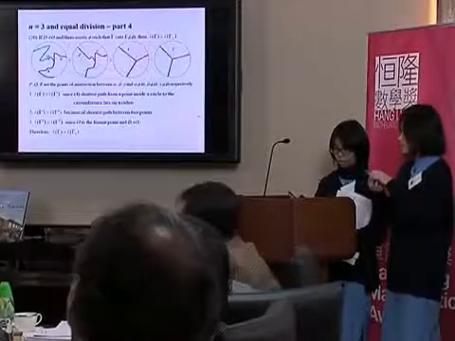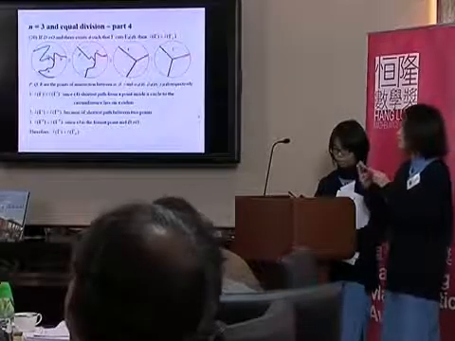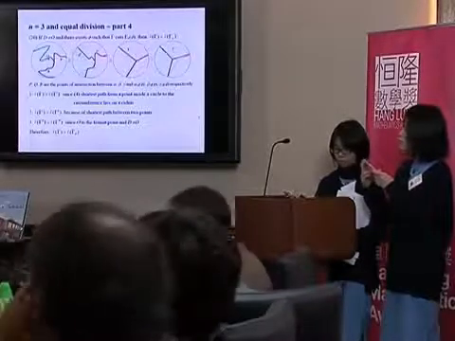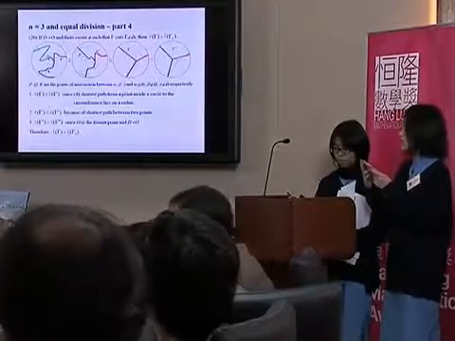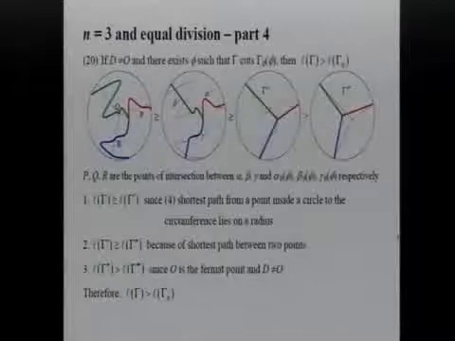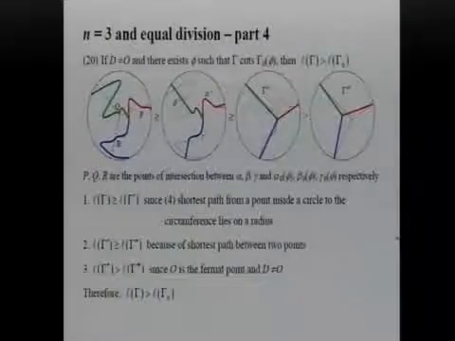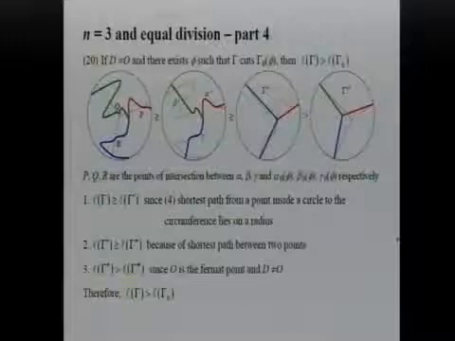We have to prove statement 20 first. Firstly, we draw a straight line from the intersection point of the curve and radius to the end of the circumference. Then we draw a straight line from point D to the end of the circumference. But from our point, radius method is the best solution.